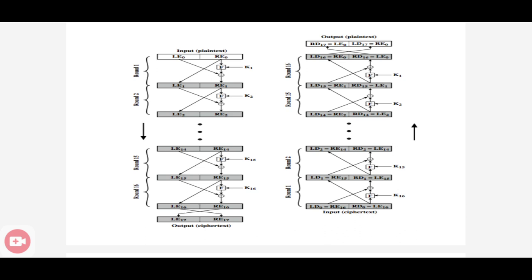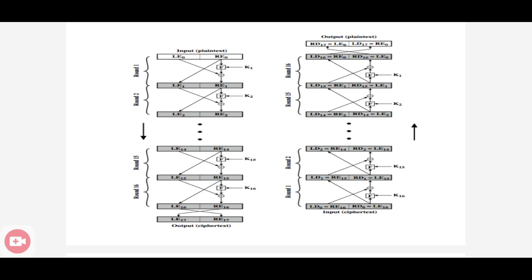Then it produces an output, and that output is XORed with the left half. There is a plus symbol in the figure, that is the XOR operation. So after performing the round function on the right half, we get an output, then apply an XOR function along with the left half, then produce an output.